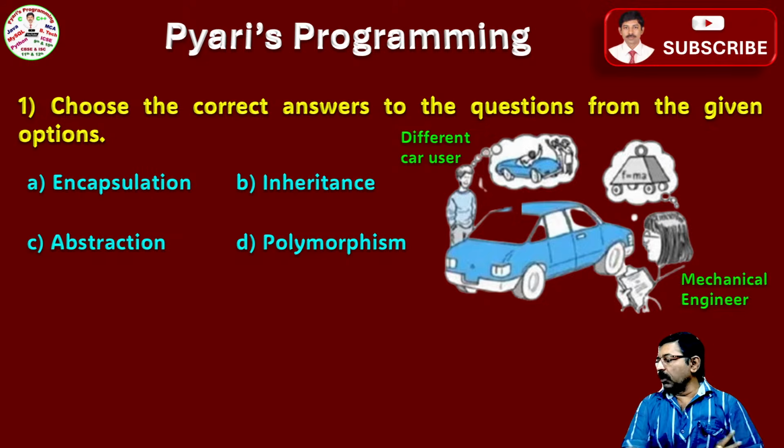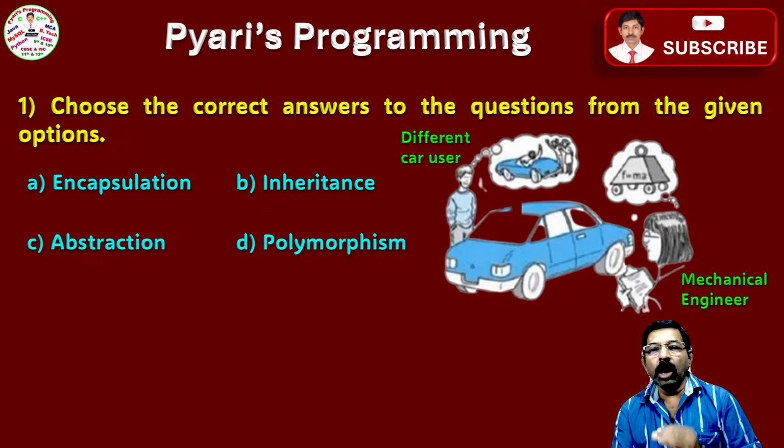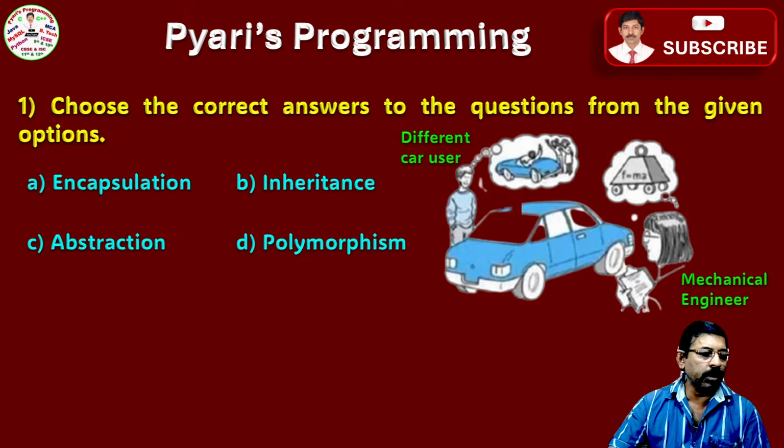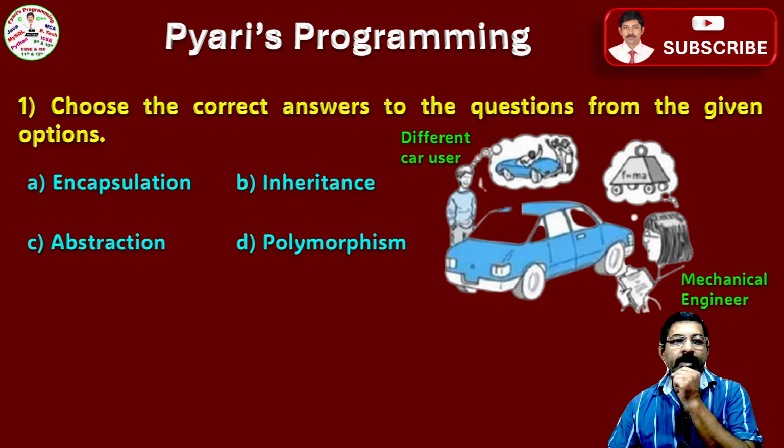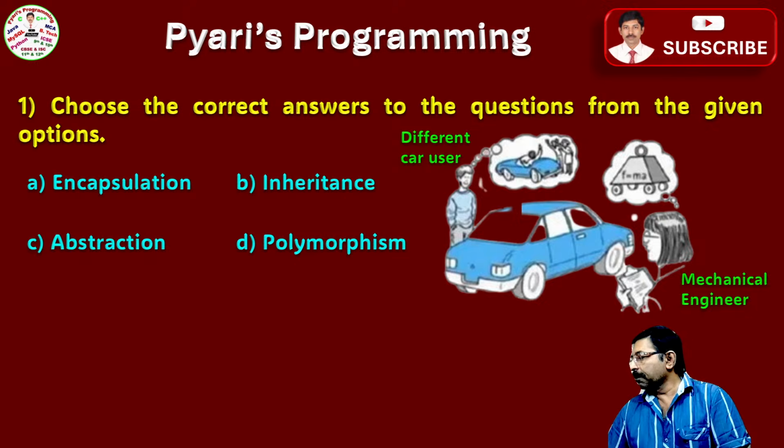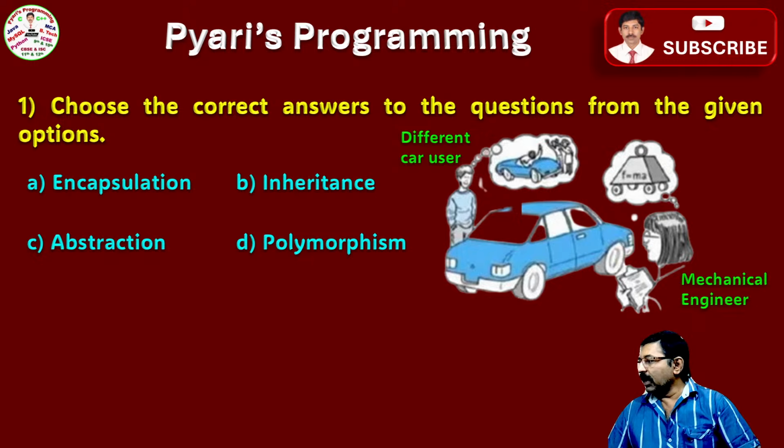Okay, can you tell me in which sense, by looking at the figure, how you thought that it is an abstraction, and by looking at this figure, how you thought that it is an inheritance? Sorry, I think C and D is given. B is also given. Abstraction, or the background details regarding the working of the car, are kept hidden from the driver.